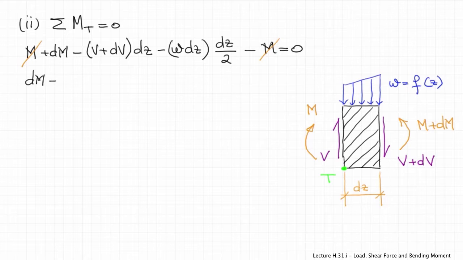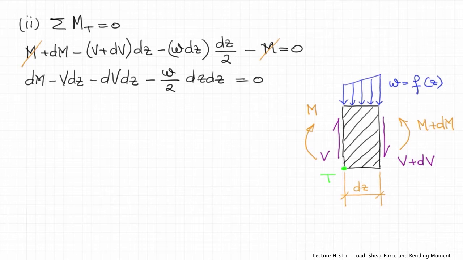M and M cancel out, and we can write the following simplified equation, in which you'll notice that we have two terms containing two infinitesimally small elements that are multiplied together, like d something times d something.